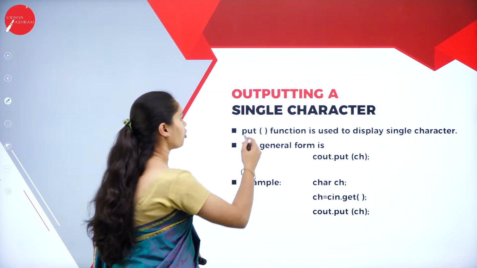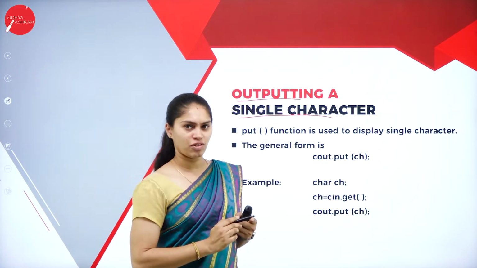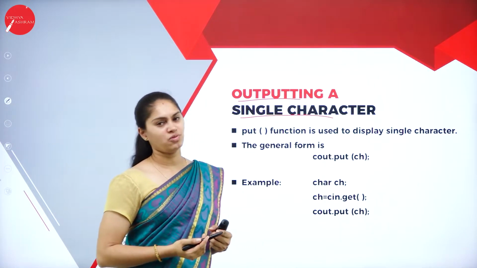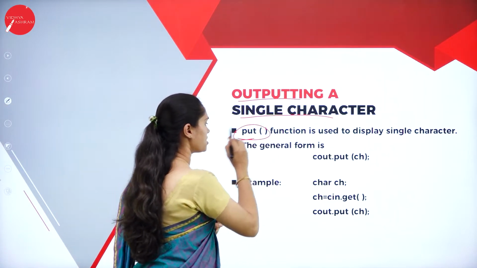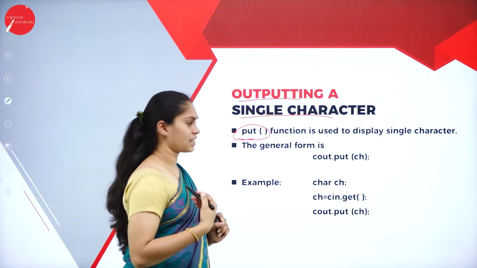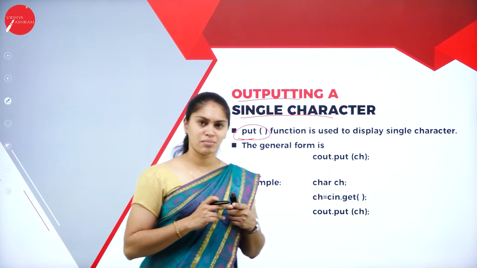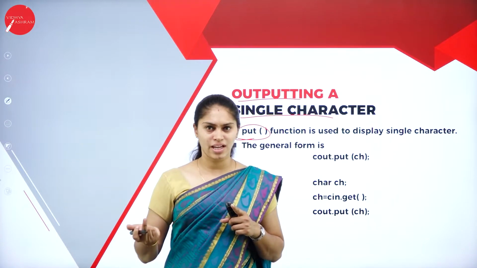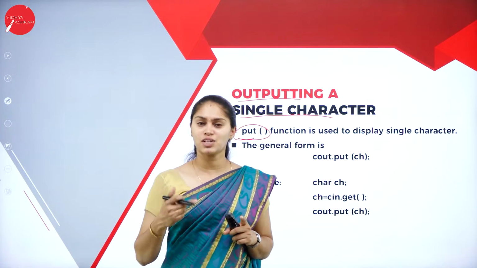That is, outputting a single character. For input, we use the get function. In the same way, for output, we use the put function. The put function is used in order to display a single character. What is the general form that we are going to use? When I use the get function, that is related to input, so cin, that is console input.